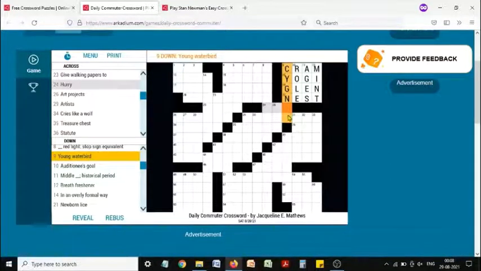So Cygnus. But it's not Cygnus unless I have got U and S here, but I've got it wrong, you see. So it's not Cygnus. So I'm going to delete this and go back. I've just had my first wrong word.